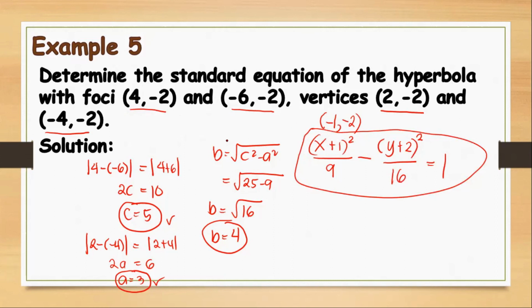So since the vertex is negative 4 and our a is 3, negative 4 plus 3 is negative 1. Same thing, we have negative 6 here. If we add 5 to our negative 6, the answer is still negative 1. So it's midway our foci and also midway our two vertices. And the equation will be like this: x plus 1 quantity squared over 9 minus y plus 2 quantity squared over 16 equals 1.